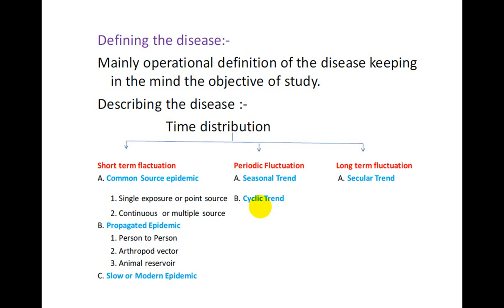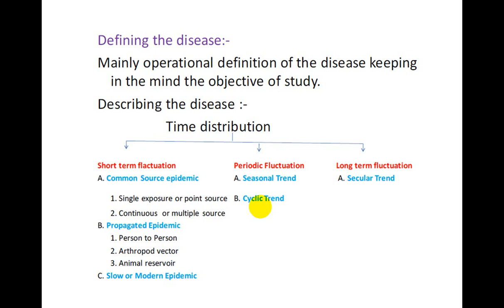A buildup of susceptibles is again required in the herd before there can be another attack. Influenza pandemics are also known to occur at intervals of 7-10 years due to antigenic variations. Non-infectious conditions may also show periodic fluctuations, for example, automobile accidents, etc.